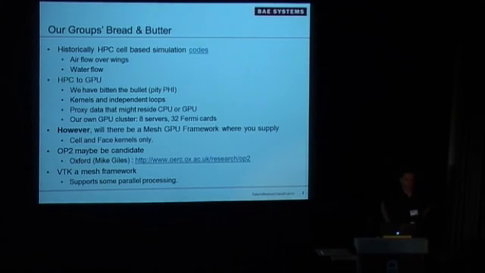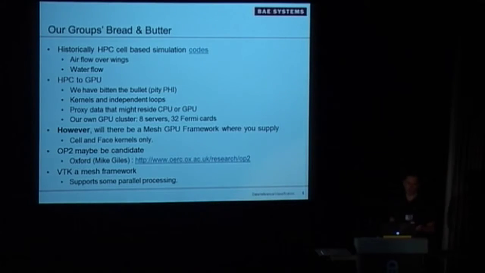They're just rectangles in that you split space up into rectangles, and you follow particles or fluid flow through faces into other cells. So we do airflow over wings, water flow. Also, BAE is involved in building the Astute class submarines right through to Typhoon.